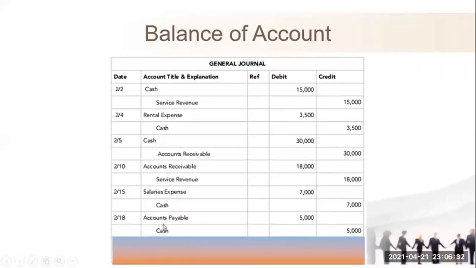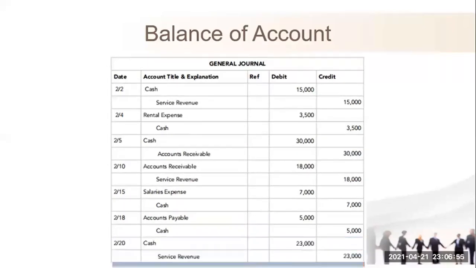Kasi di ba normally, since ang accounts payable ay liability, ang normal balance nito ay credit. Pero dahil nagbayad tayo ng accounts payable natin, babawasan yung cash natin, and then babawasan din natin yung accounts payable natin. So, yung accounts payable natin nasa debit. Yan. And then, cash natin, credit.